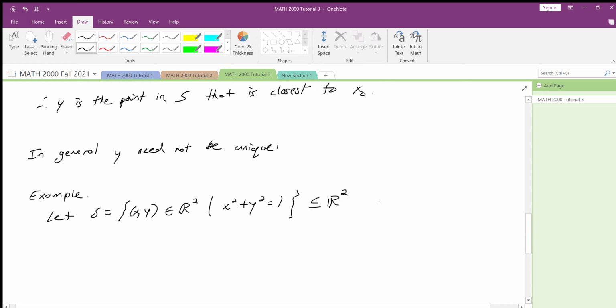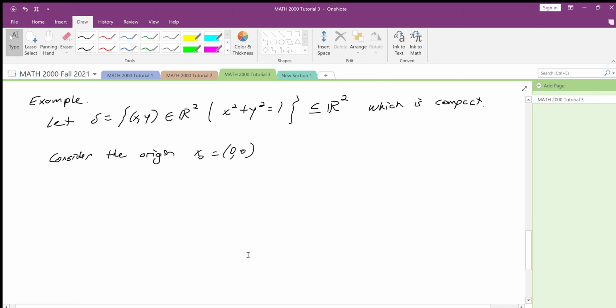And quite obviously the unit sphere is compact. It's closed and bounded. Okay? And let's consider the origin, and I will notate the origin as x naught, equal to (0, 0). Is there a point that's closest to the origin?